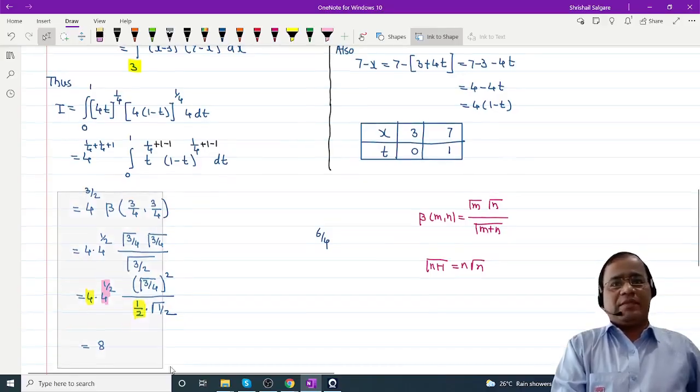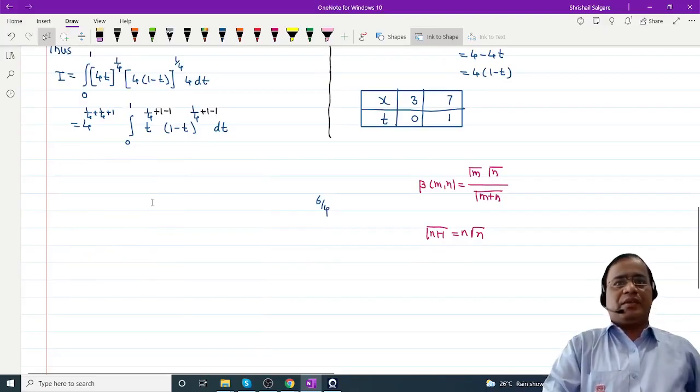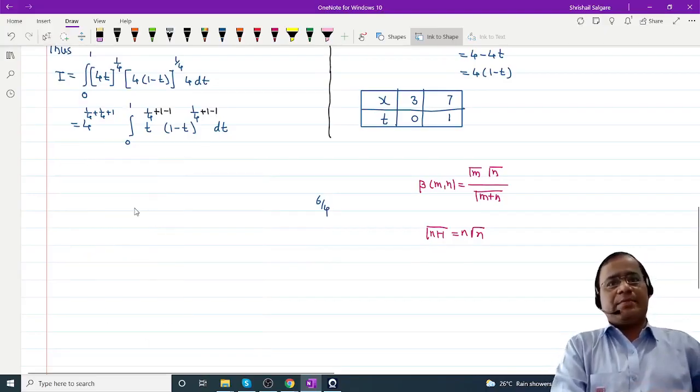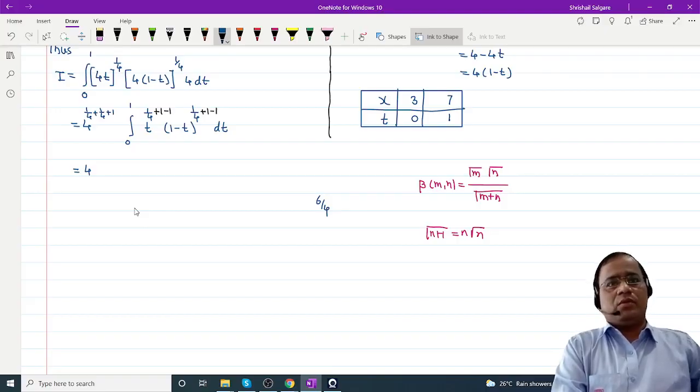So up to this I will rub everything, and once again I will continue this one. This can be written as 4 raised to 2 by 4, which means 1 by 2 plus 1. Is it okay? And this is beta of 5 by 4 and 5 by 4.